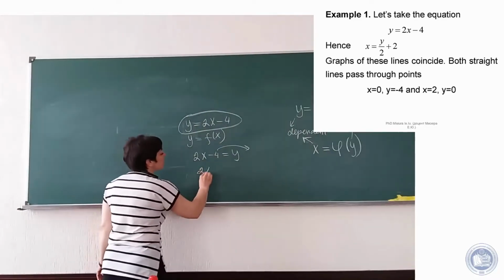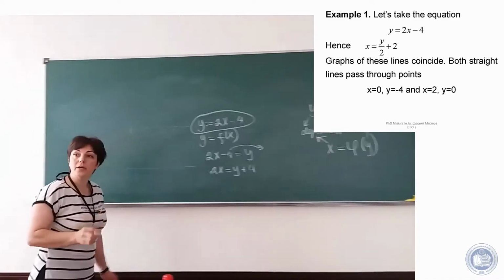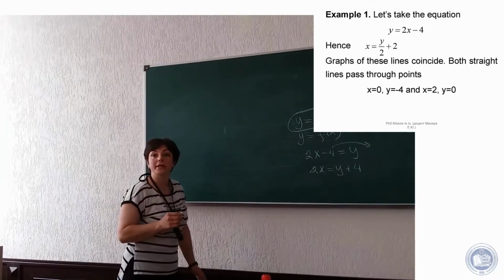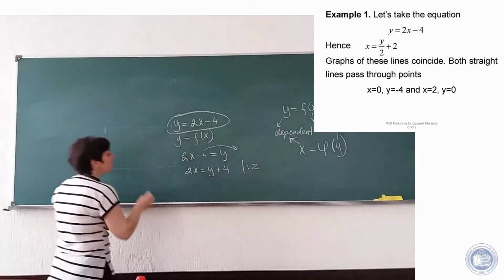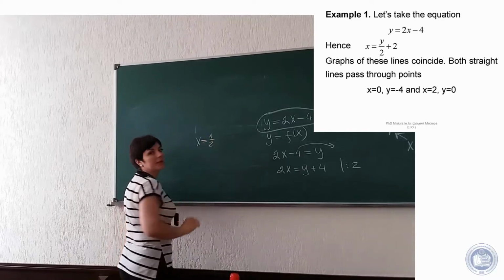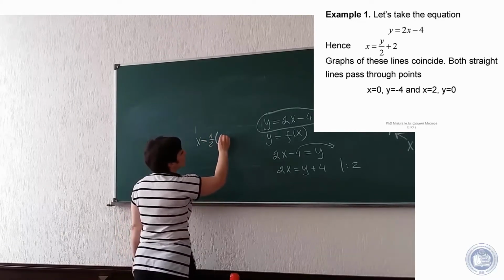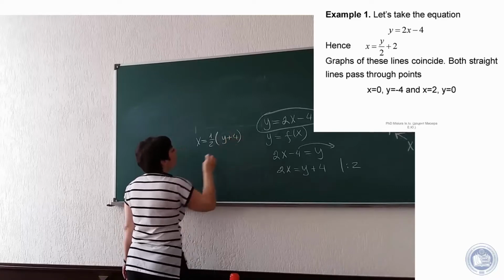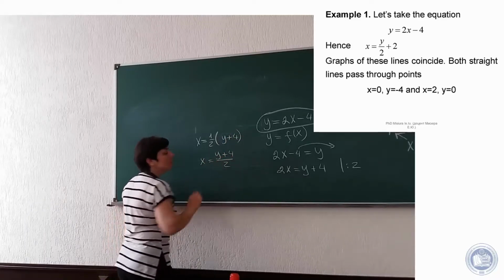And get 2x equals y plus 4. Agree? How to get formula for x? Yes, let's divide by 2. And we have x equals, the first expression will be 1/2 of y plus 4, or x equals y plus 4 divided by 2. Agree?